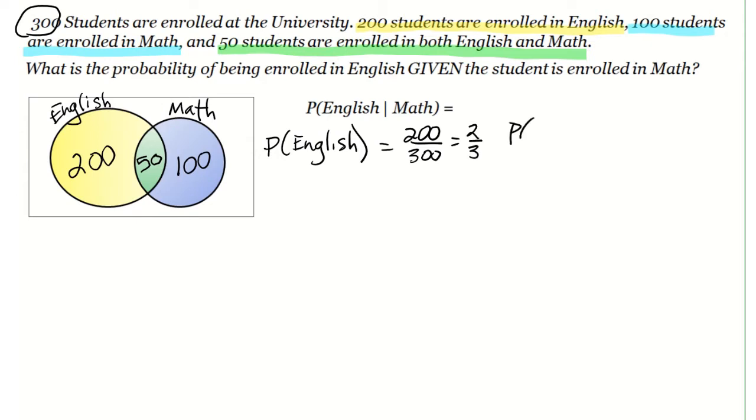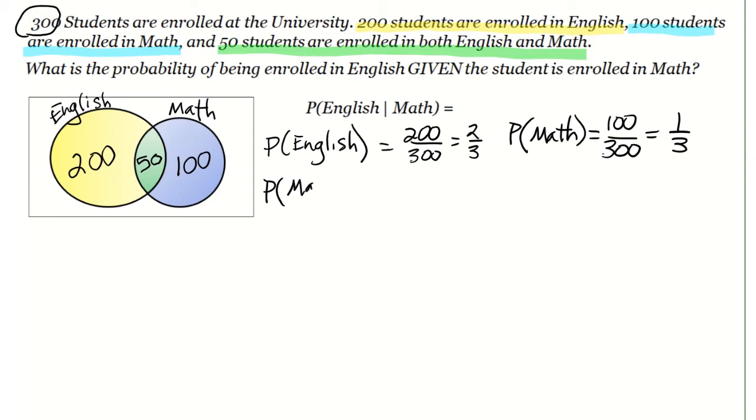Our probability of being enrolled in math is going to be 100 divided by the total number of students. So we're going to take the number of the element, divide it by the total number, so that's going to give me 1/3.